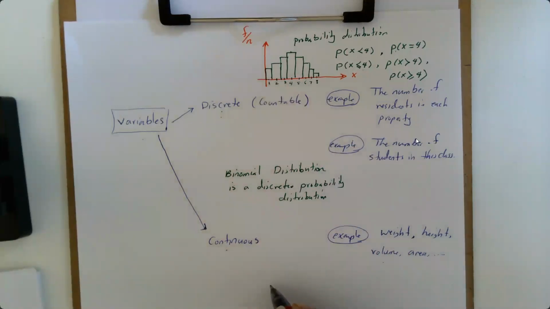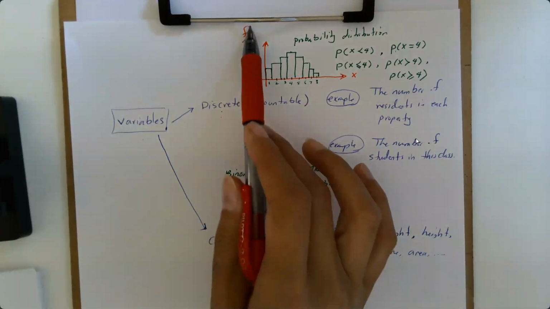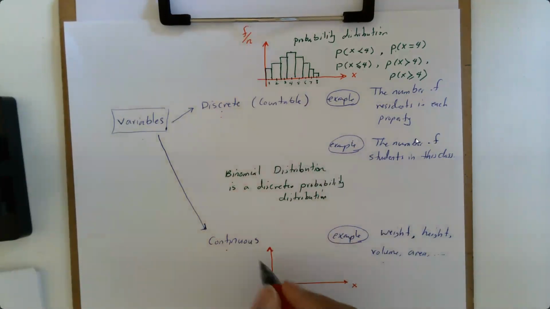So when you're graphing a probability distribution for a continuous random variable, your vertical axis is not f over n. It follows p of x, the probability of x.